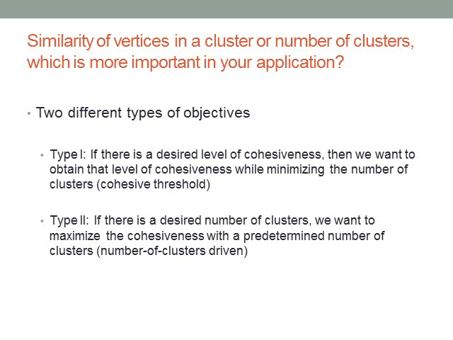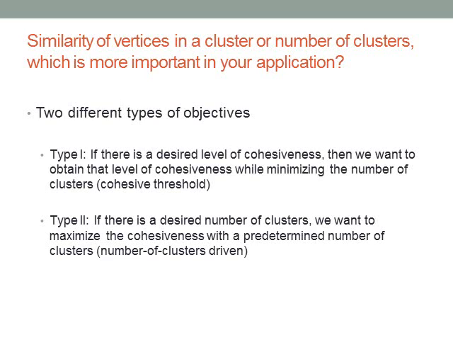Or what is more important to us in the end result? If it's more important to us that we have a high level of similarity or denseness within our clusters, that is, we want to have cohesiveness determining the clusters, then that is our objective.